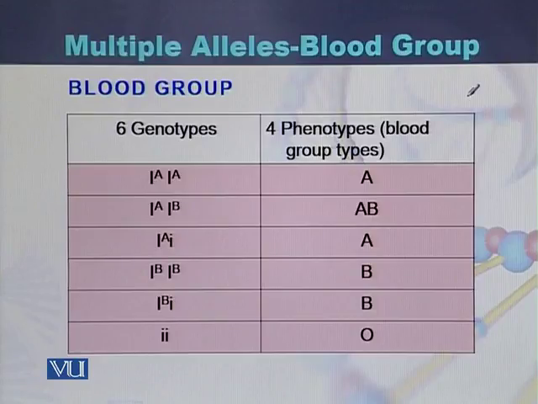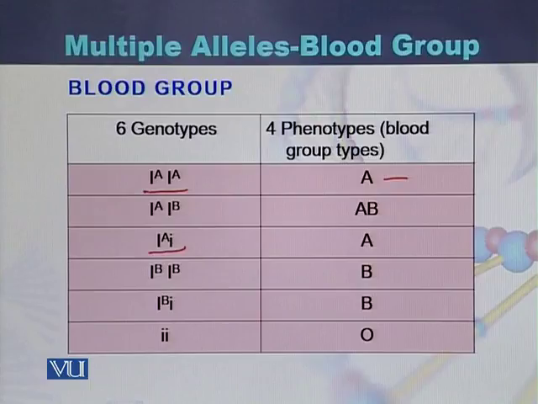In case of genotype A and A, meaning both the alleles are A, that is homozygous, then the blood group will be A. It can be in the form of homozygous and it can be in the form of heterozygous. So this is an example of heterozygous.